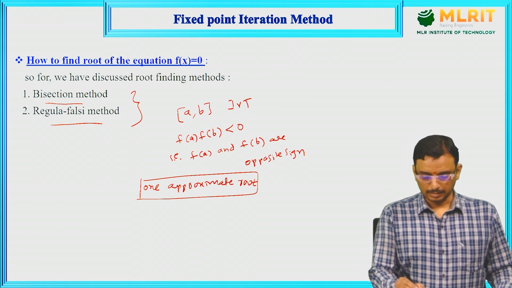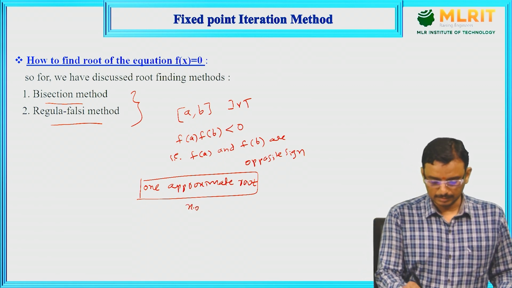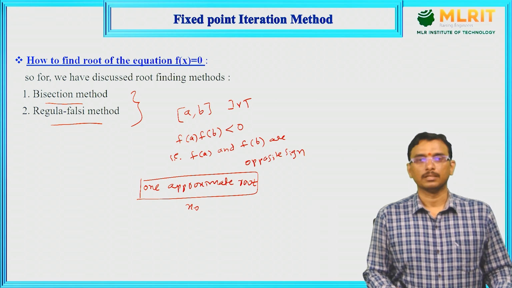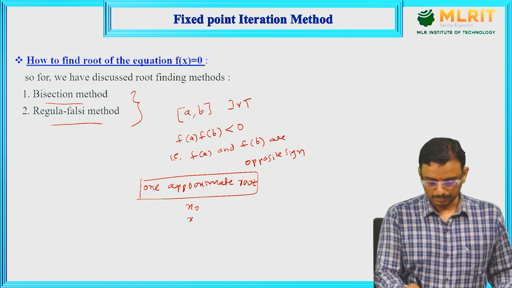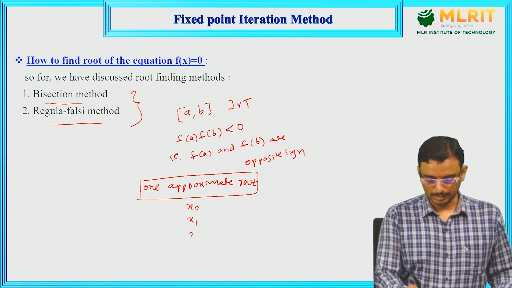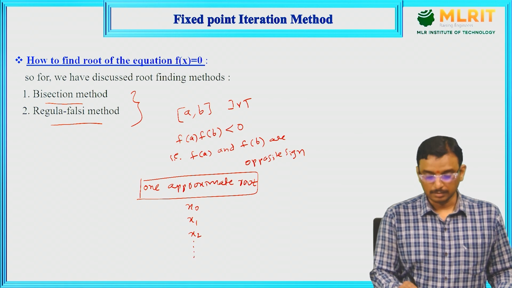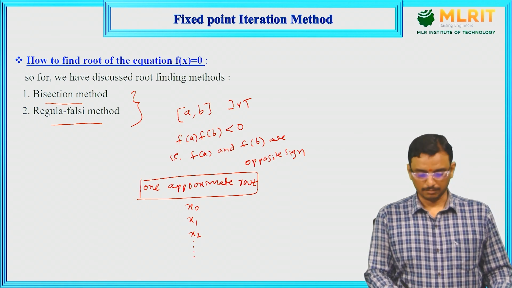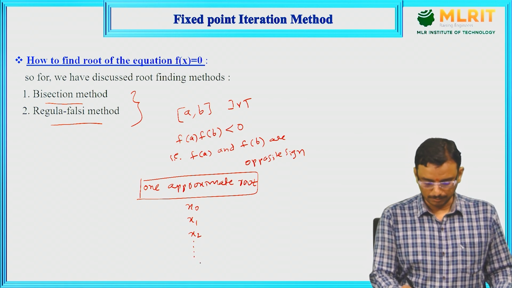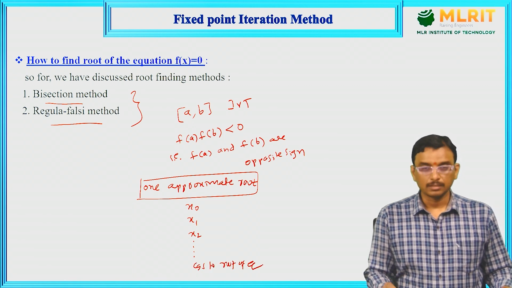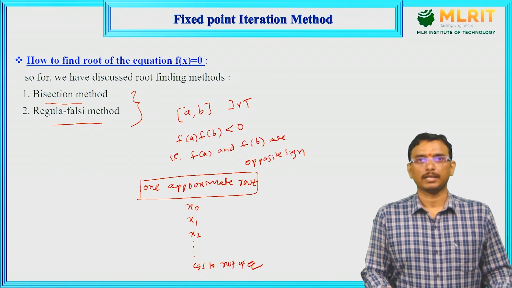Let us say x0 is our initial approximate value, then the next approximate value is x1, and the next x2, and so on. So this sequence converges to the root of the equation. This is called the fixed point iteration method.